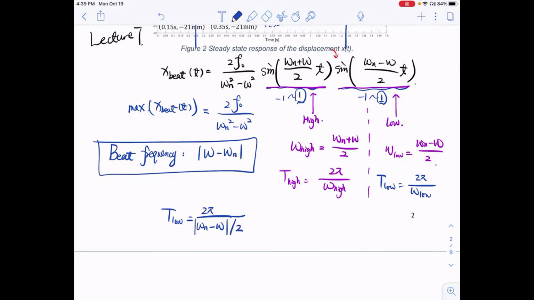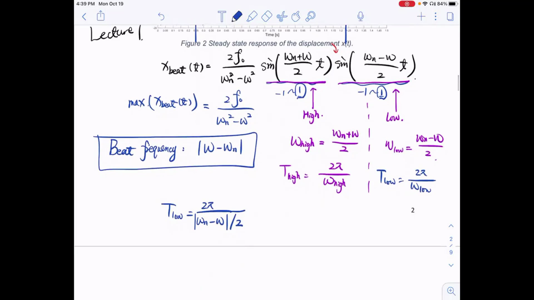So this is it. If you want to replace it with your beat frequency, let's name it omega beat. Then 2 pi over omega beat equals T low.